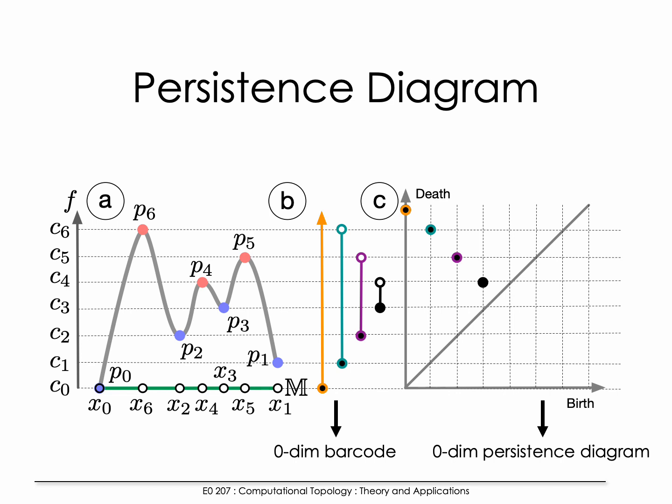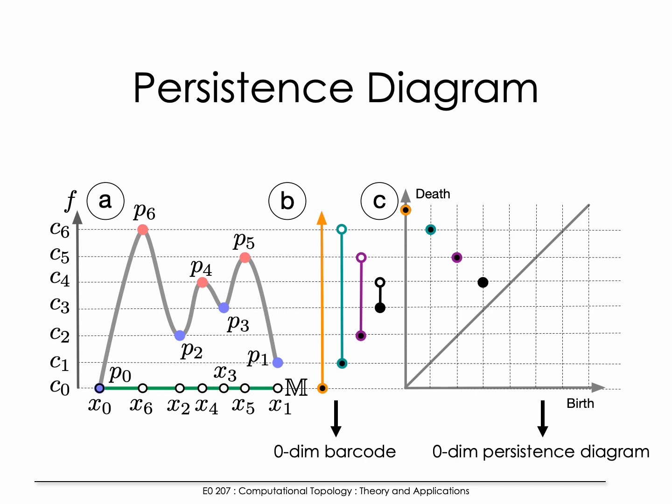We have a one-dimensional function, and we are talking about the zero-dimensional homology, so the number of components here, as we sweep up in increasing order of function values. The y-axis is mapped to the function value, and you see C sub 0 through C sub 6.